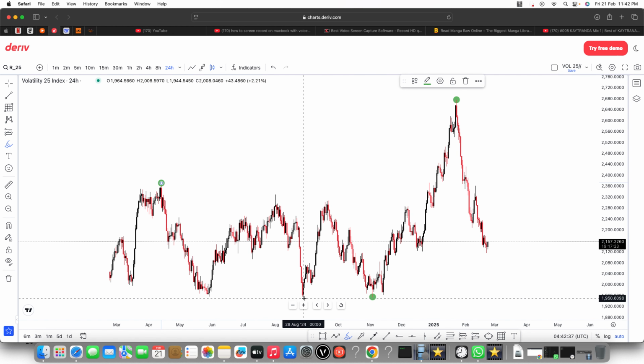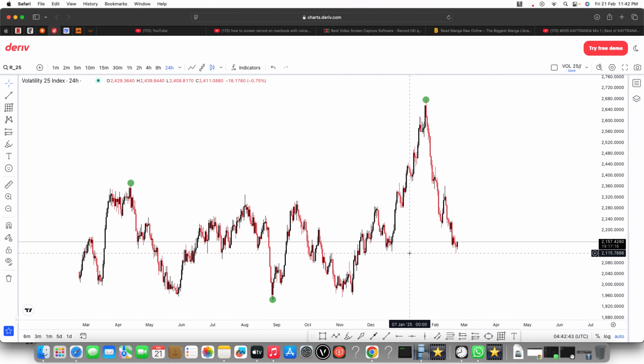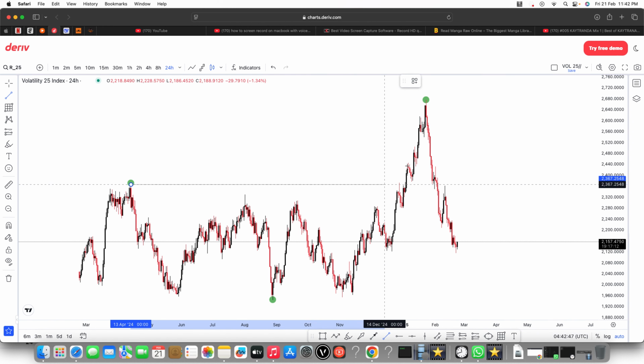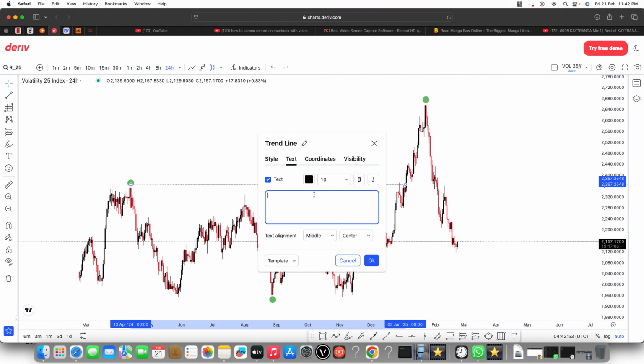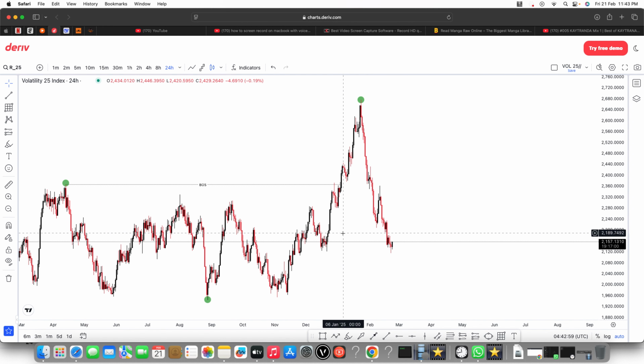Or maybe it would have been this one. Yes, that's the one. So by looking at this, we could say easily that we have a break up structure. And if we have a market that is giving us a break up structure to the upside, this confirms that the external order flow of the Volatility 25 market is bullish.